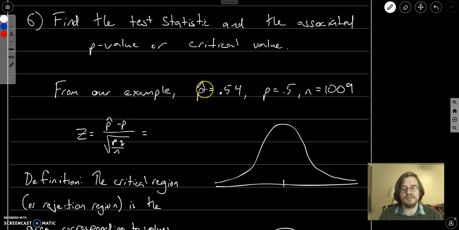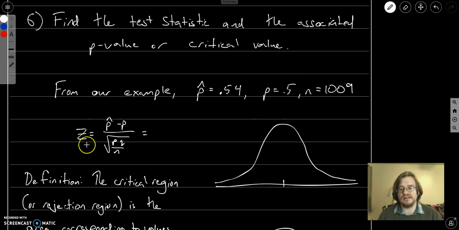So here p hat is our sample statistic, because 54% of our sample was uncomfortable, and we are testing the population being 50% of people would be uncomfortable with this.